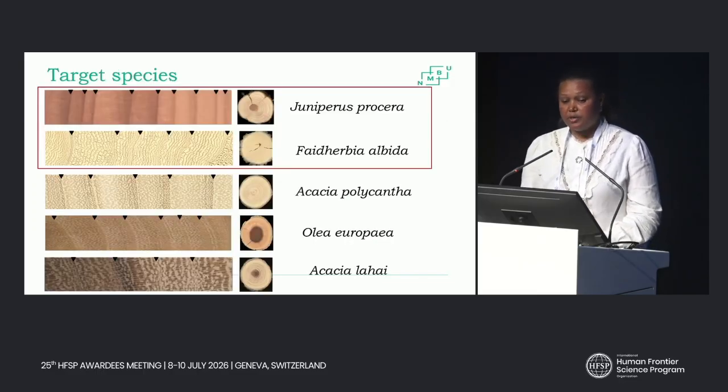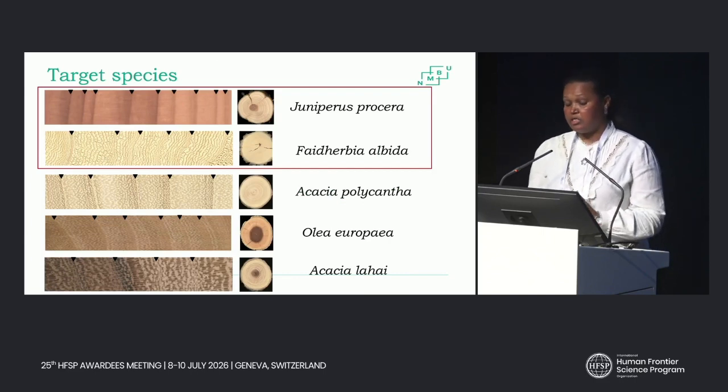Our target species: we propose to test this method on two species, Juniperus procera and Faidherbia albida. The reason we chose these two is that Juniperus is a relatively easy species for dendrochronology, so we can use it for validating our method.